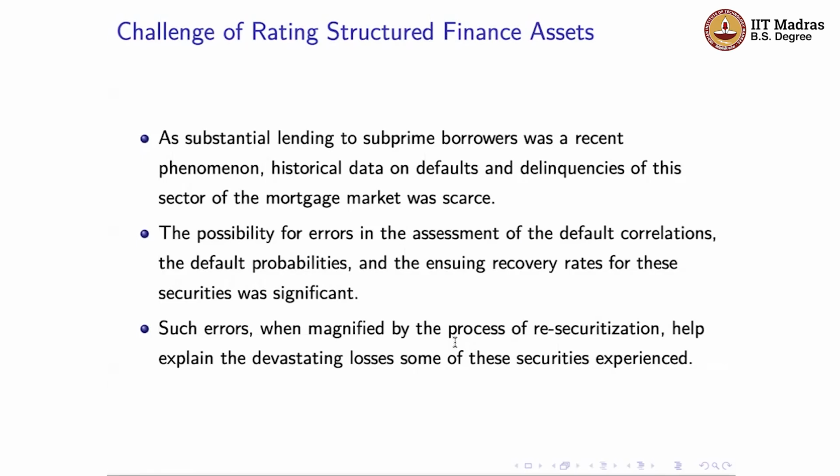So there were likely to be more and more mistakes in terms of default correlations, default probabilities, and how much money will be recovered whenever you have these bonds defaulting, right? So when you have these errors magnified by more and more layers of resecuritization, that actually helps to explain the losses that were there, right?